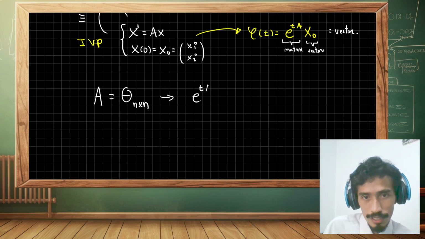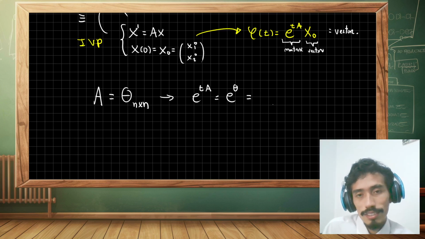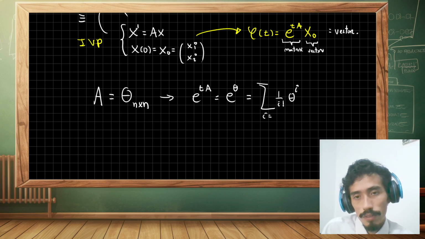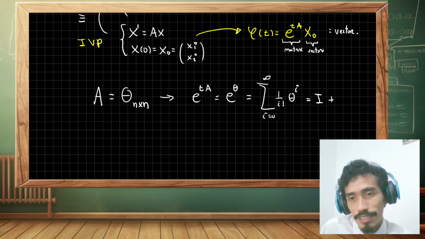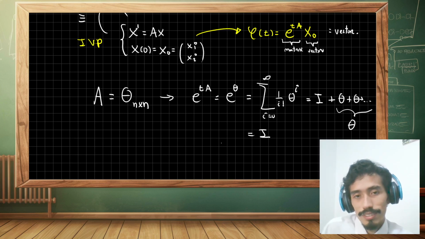Then the exponential of A will be the exponential of the zero matrix, and this will be the infinite sum from 0 to infinity, and this will be I, the identity, plus zeros, and so on, so this will be the identity.